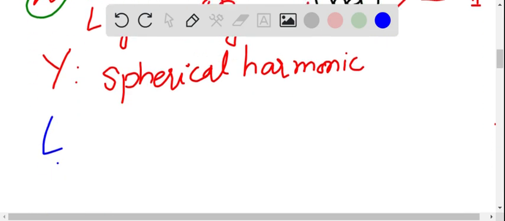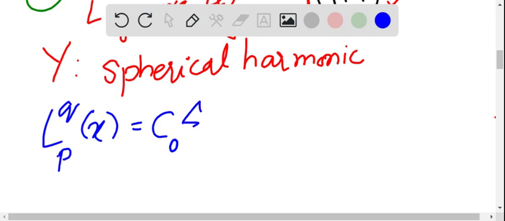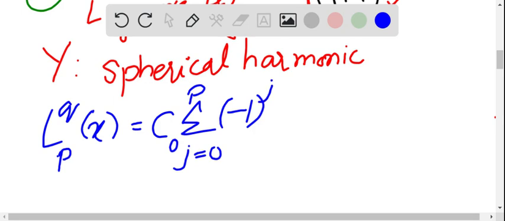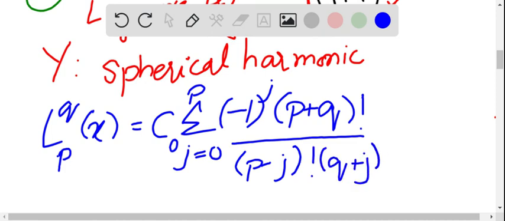So the general equation for it is L sub p raised to power q of x is equal to c naught sigma j equals 0 to p, negative 1 raised to power j, (p plus q)! divided by (p minus j)! (q plus j)! j!, x raised to power j, right?